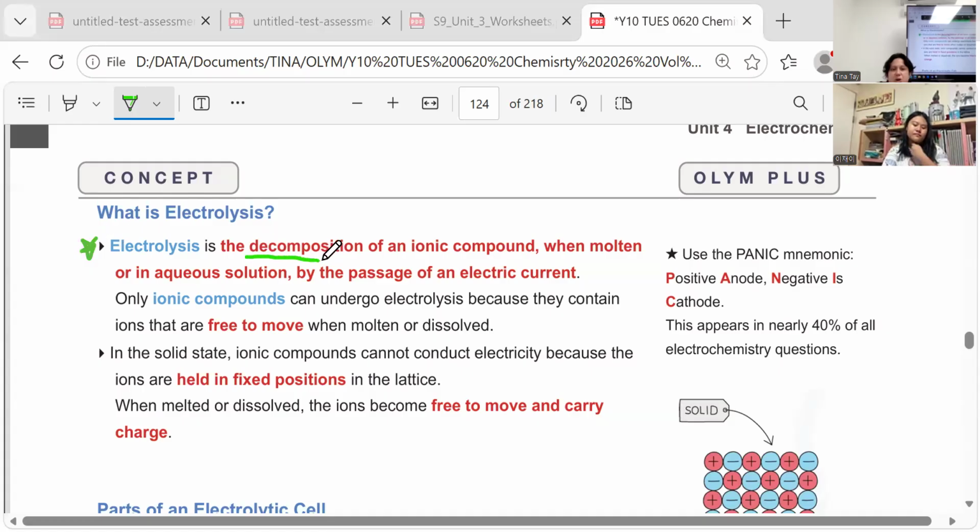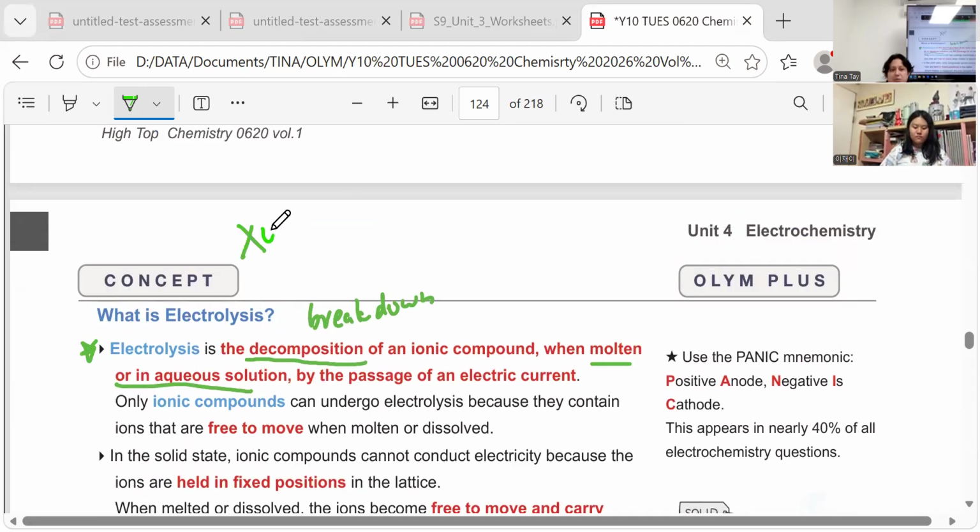electrolysis is the decomposition, or the breakdown, of an ionic compound when it's in molten or in aqueous. Why molten or aqueous? Because solid cannot conduct electricity, only molten and aqueous can conduct electricity, by the passage of an electric current. So using this, first you have an ionic compound. The ionic compound must melt.